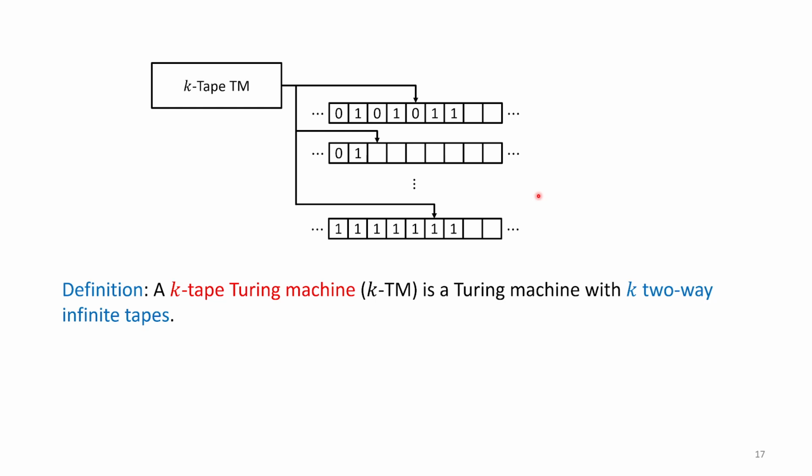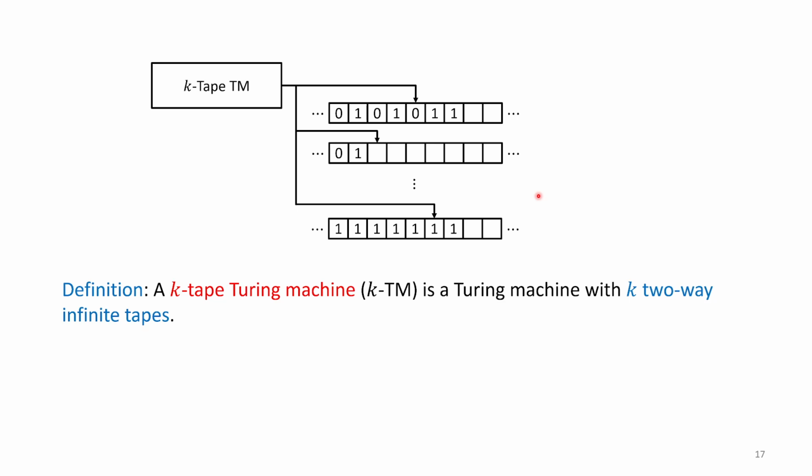But in general, for our K-tape Turing machines, we assume those extra tapes are just auxiliary tapes. Think of them as helper variables or extra local variables that you might be using in your K-tape Turing machine. You might want to write something down on these extra tapes to remember for later, so you can look it up later. That's basically what they're going to be used for.